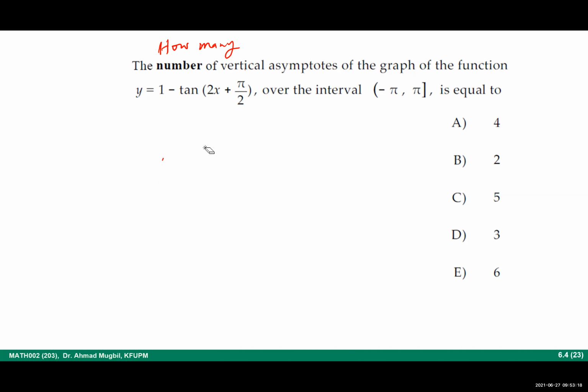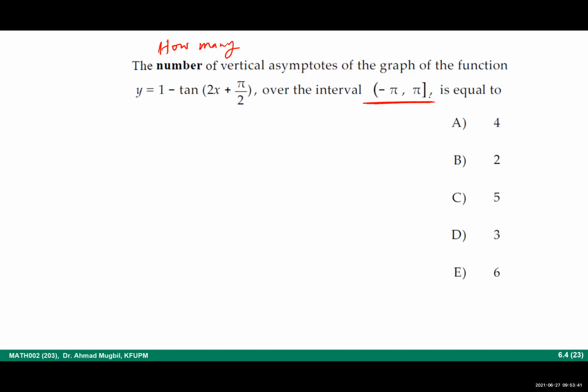But he should give you an interval. Otherwise, the answer will be infinitely many, of course. So he wants just the vertical asymptotes inside this interval. Yalla, Shabab, take your pen and paper, please, and start to practice. Let me launch polling for you to choose the right answer.